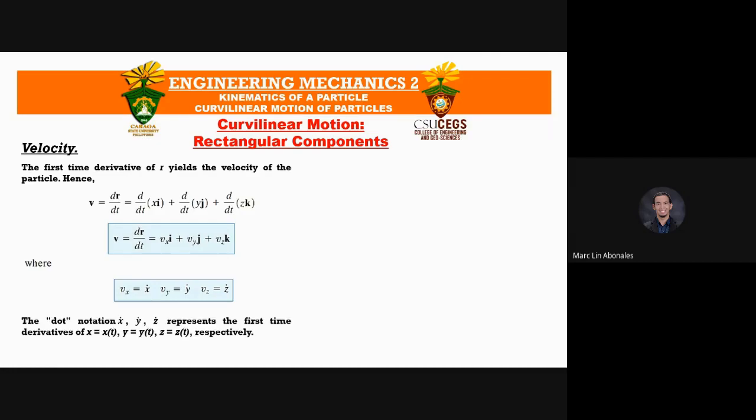And for that, the dot notation I mentioned represents the first time derivatives of the components of your position vector r, which are x, y, and z respectively. So this is the vector form of your velocity: vx i plus vy j plus vz k.